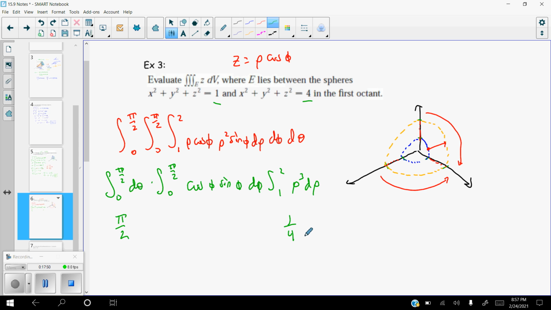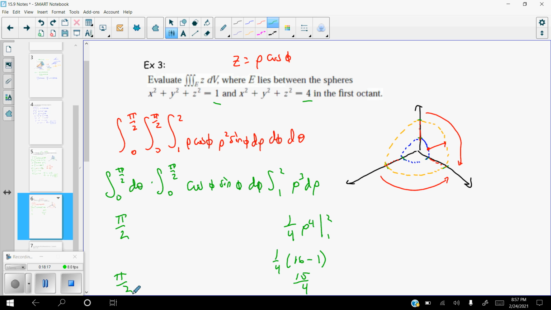For rho, it's going to be 1/4 rho to the 4th from 1 to 2. Now we do have to plug a couple things in here to see what we get. Plugging a 2 in, 2 to the 4th is 16. So you're going to get 1/4 of 16 minus 1. So that's going to be 15/4. So I'm going to have the pi over 2 and the 15/4.